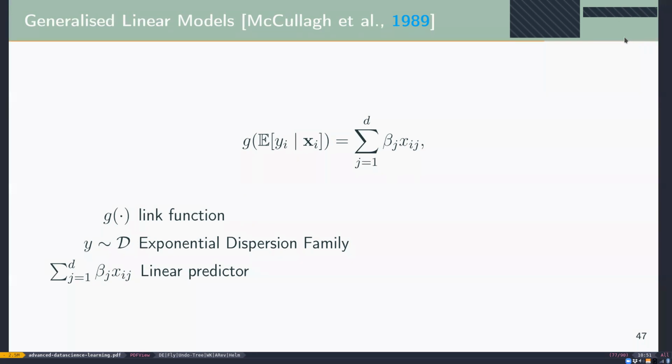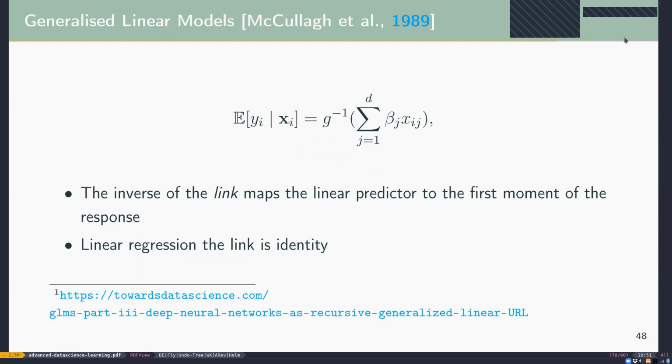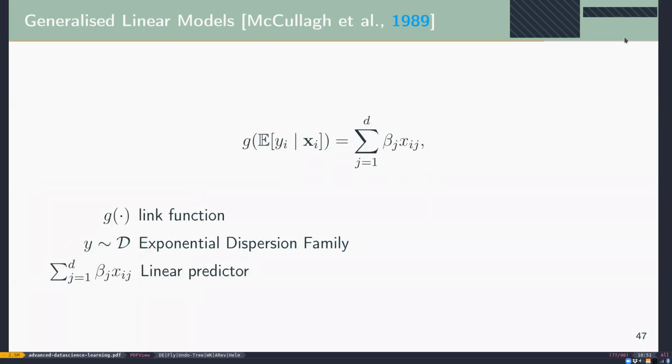Now you can see that it was confusing of me to even explain this. So sometimes we think about it like this instead, and it makes a lot of sense. I have a linear predictor that I push through a function to get the first moment of that variable. That makes sense, right? Ish.